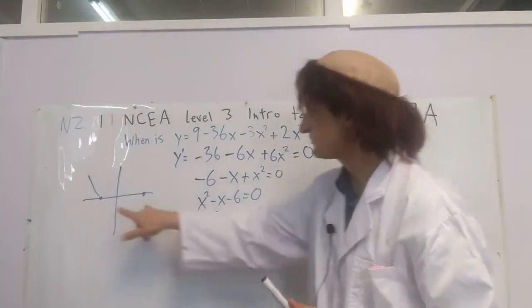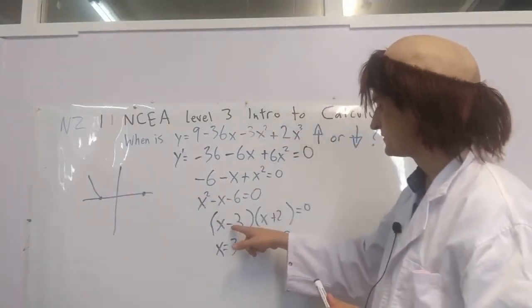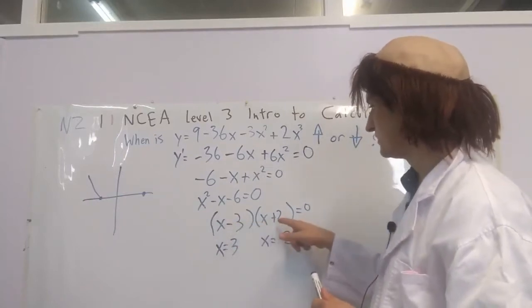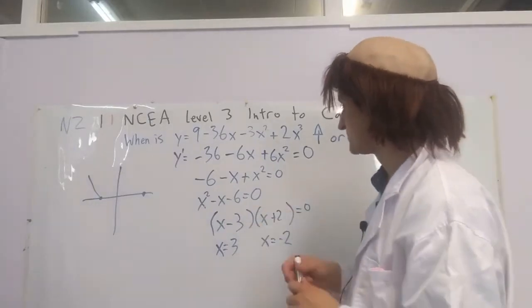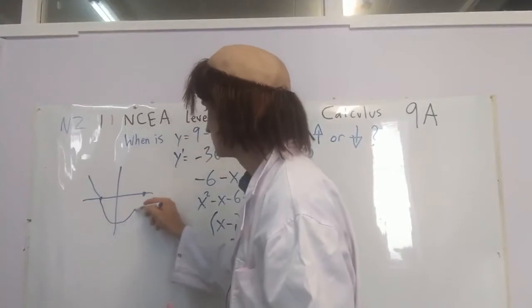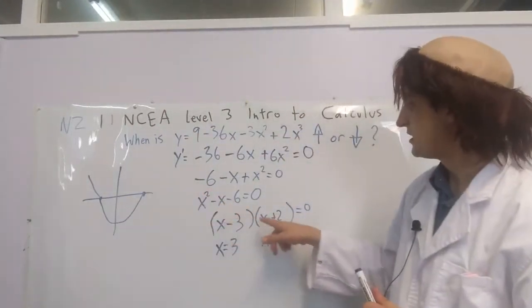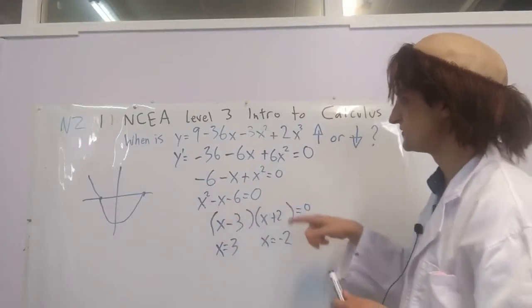Now, if we plug in something between here and here, like 0, we would get negative 3 times positive 2 equals negative 6. So we get something in the negative range here. And then if we do something that's quite positive, higher than positive 2, we'll get positive times positive, and that will be positive.